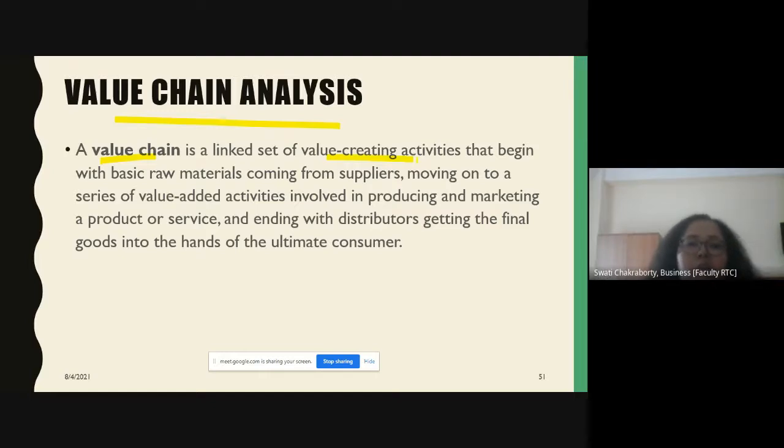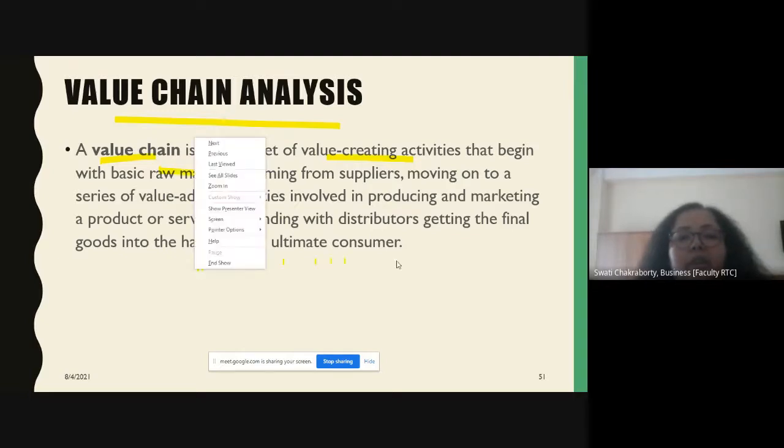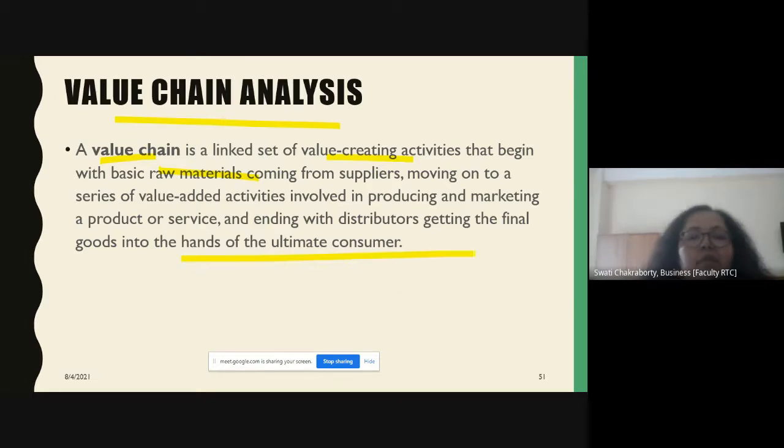So starting from raw materials and ending with giving the final goods to the customers, that entire process is the value chain.